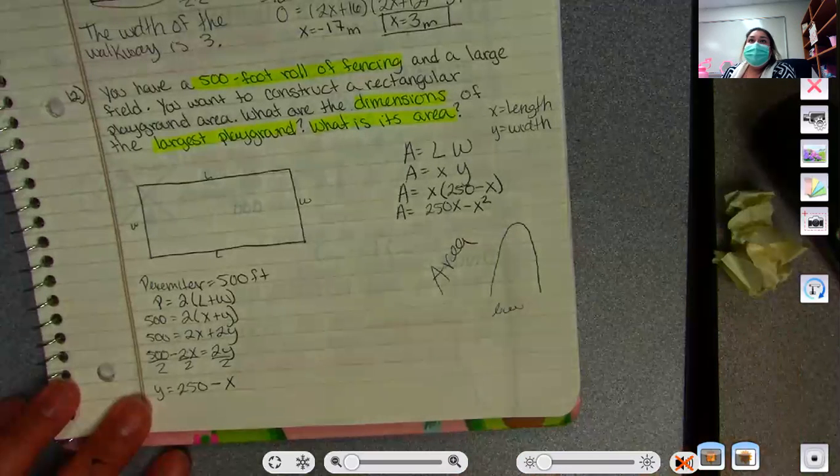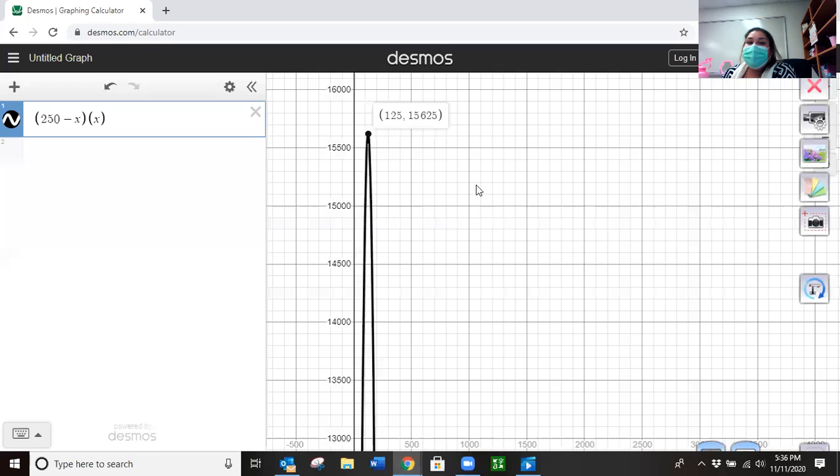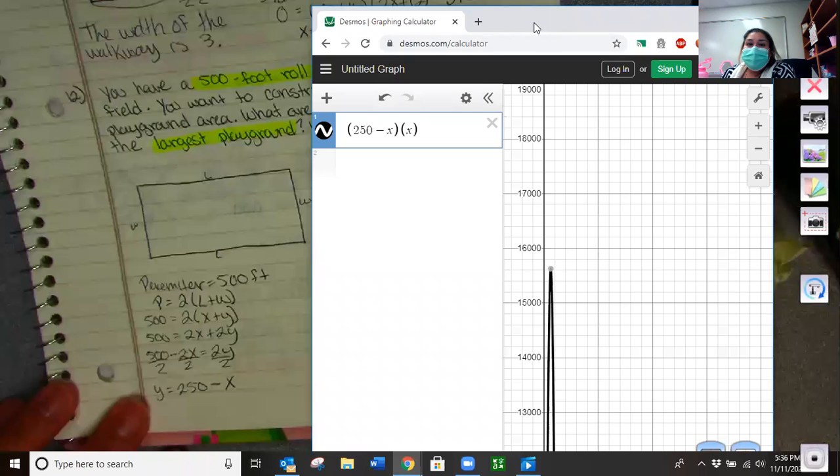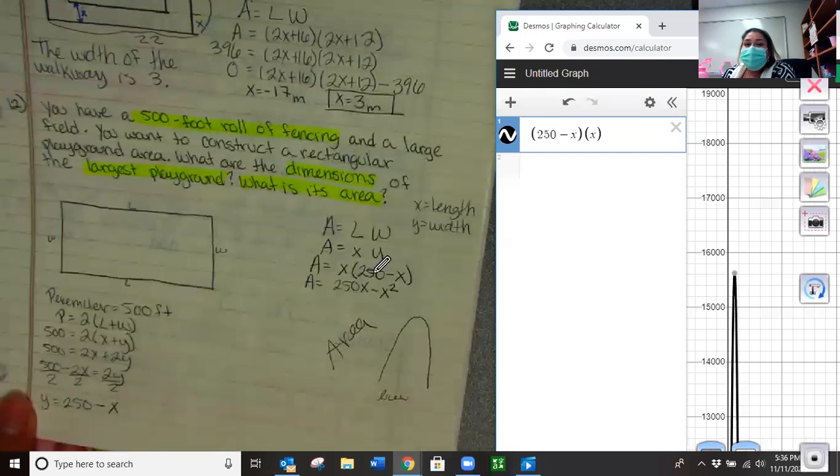So when we graph it in Desmos, right? I went ahead and typed 250, sorry. Okay, so I typed it in the original form just so that you can see that I just wanted to make it prettier because I felt like it, right? But you could have typed it like this, 250 minus x times x, and that's exactly what we have here.